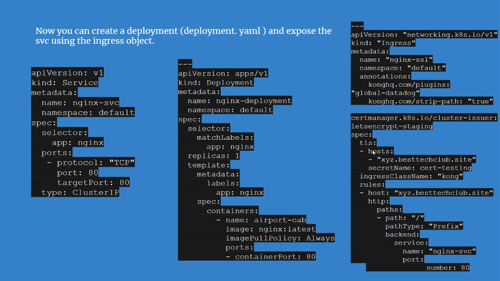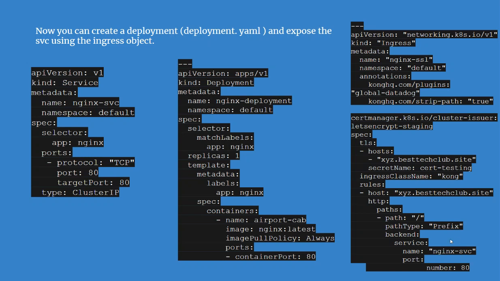Under spec, we will have the host, and we are passing the secret. Then we have the host in the rules section. Whenever someone hits that site with the root path, not passing any sub path, it will go to the nginx service on port 80.